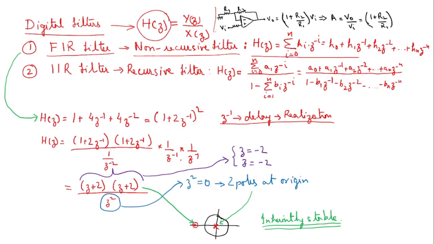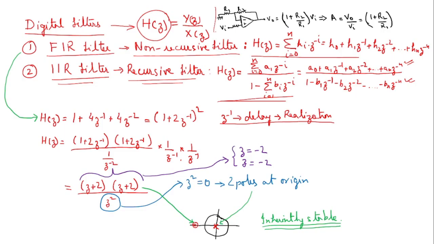On the other hand, the other type of filter is called the IIR filter, and it is also regarded as the recursive filter. And if you look into the transfer function equations, there are two polynomials, one in the numerator and one in the denominator.